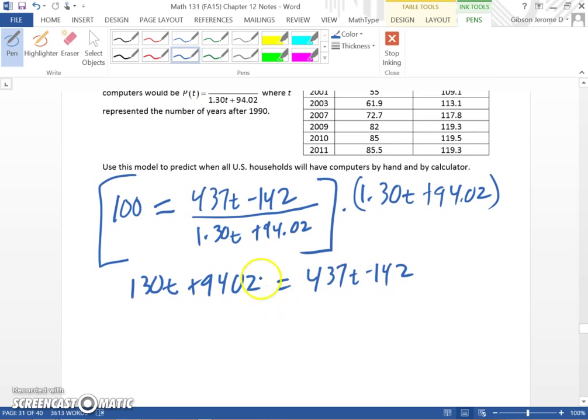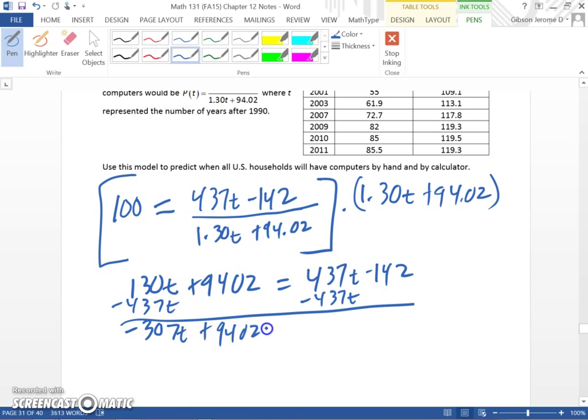Now again, we want to get T by itself. So we could subtract 437T from both sides. That will give us negative 307T plus 9,402, and that will equal negative 142.